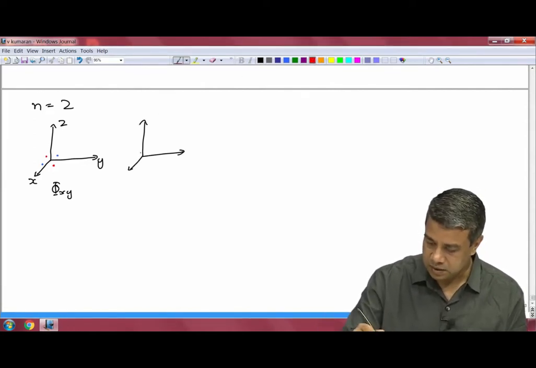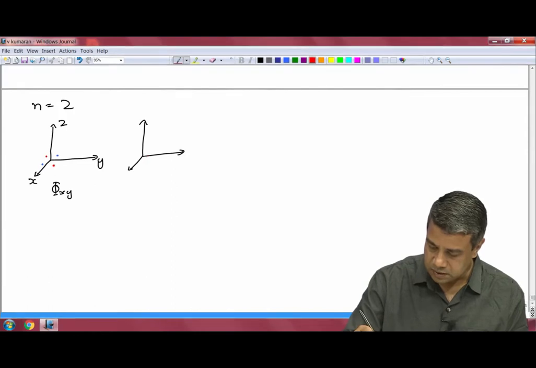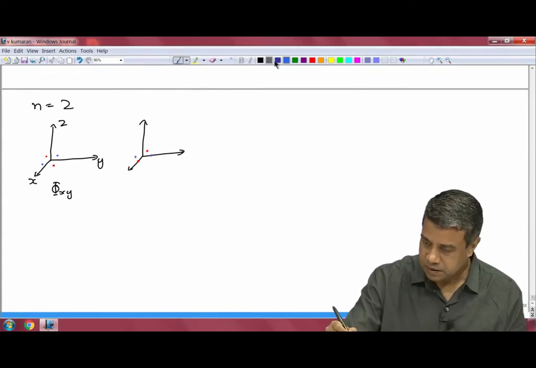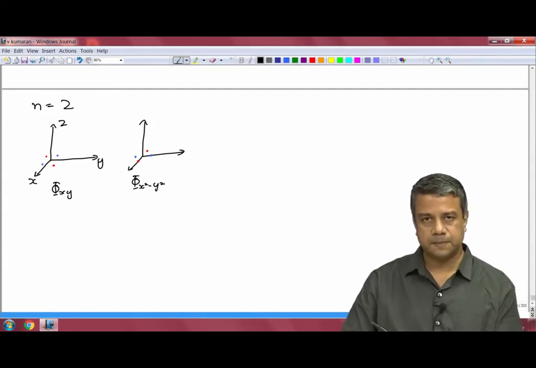And the second one is along the axis, and this goes by the name of phi x square minus y square.